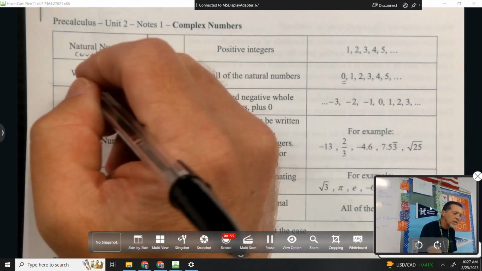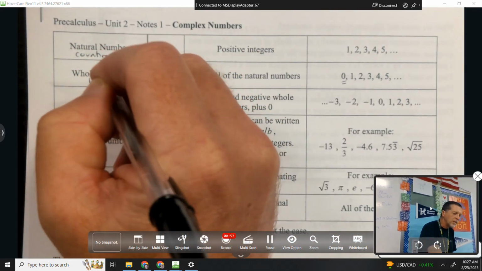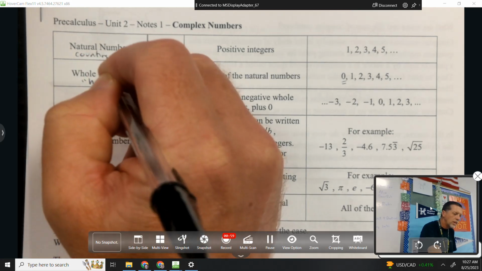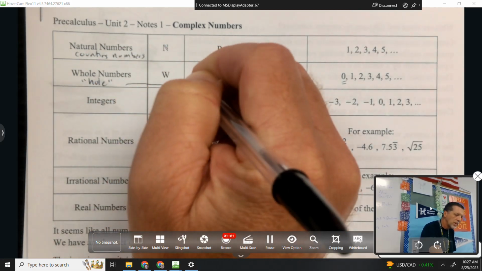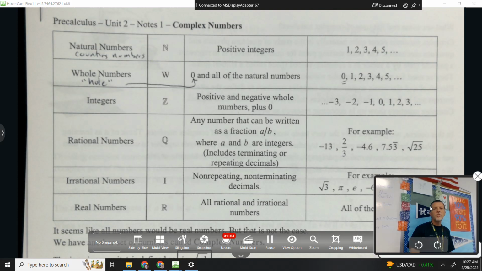Whole numbers. You probably remember this silliness. The whole is what makes it a whole number. 0 and all the natural numbers. Silliness. Integers. You know what integers are.